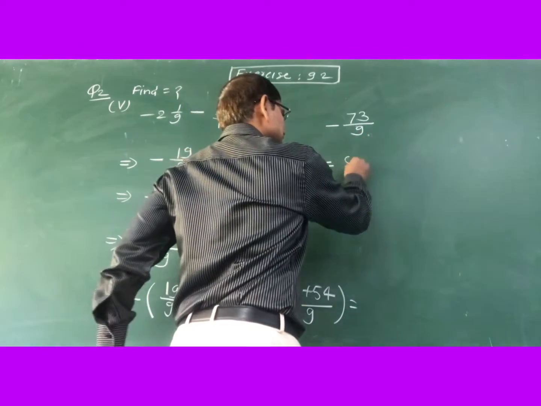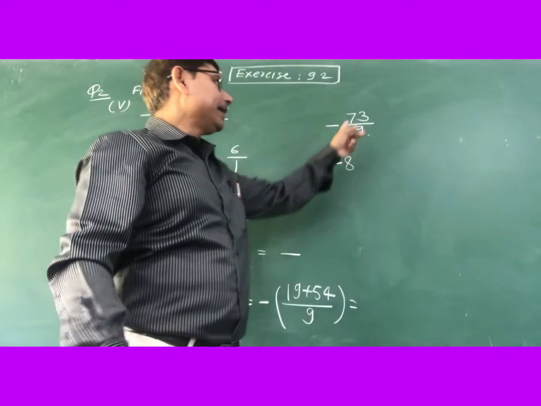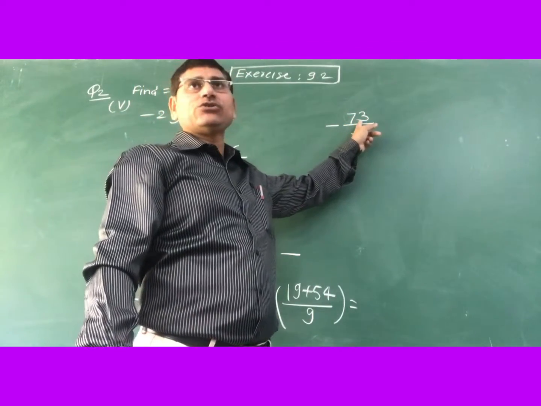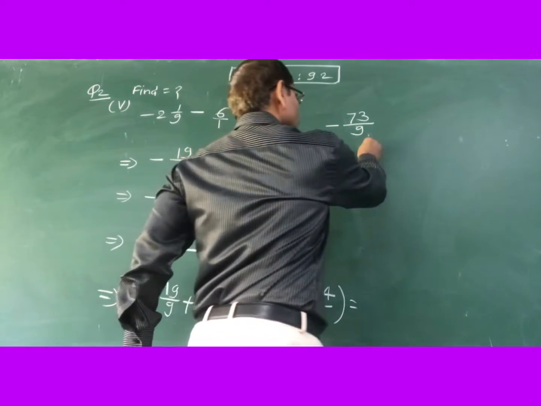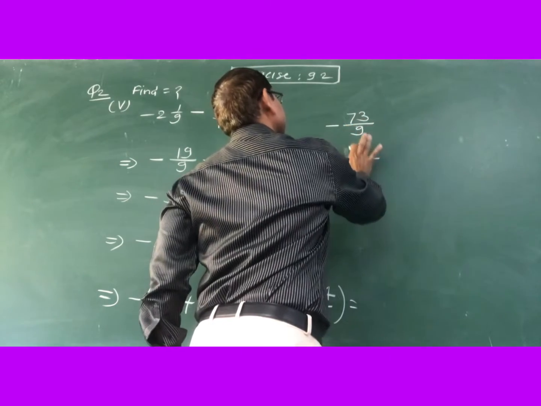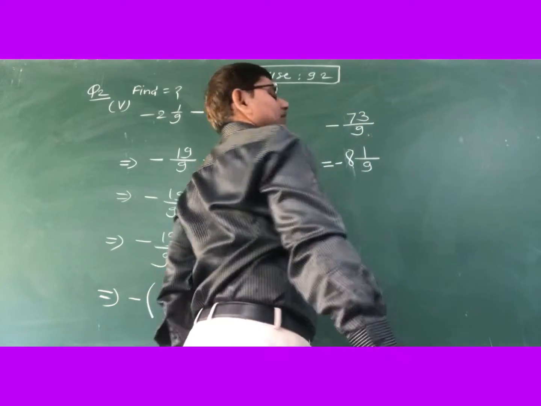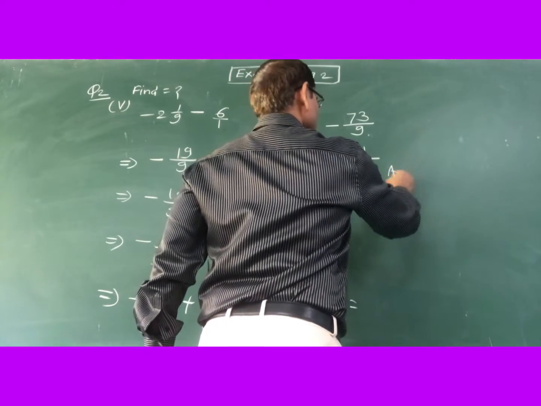So 8 is the whole number and minus you will put the same, and 9 8s are 72. 73 minus 72, the remainder is 1, so 1 you will write here. So you can write this is 8 and 1 by 9. This is the answer of this question.